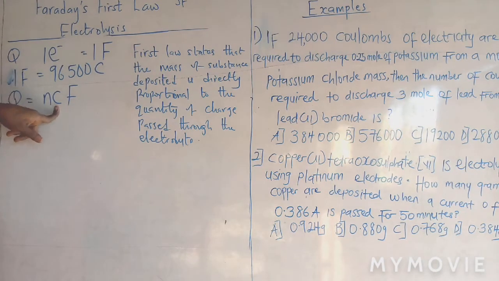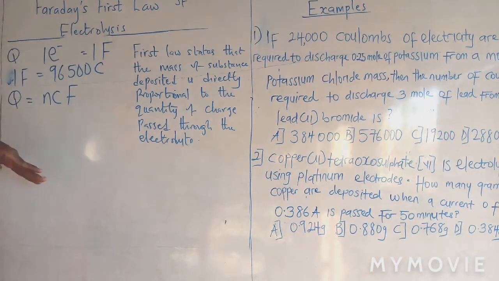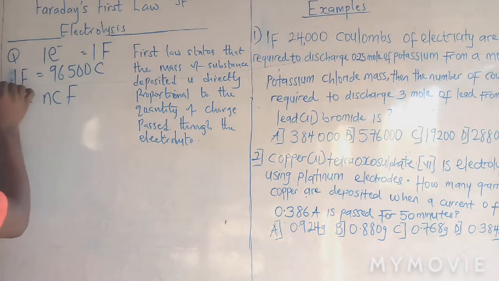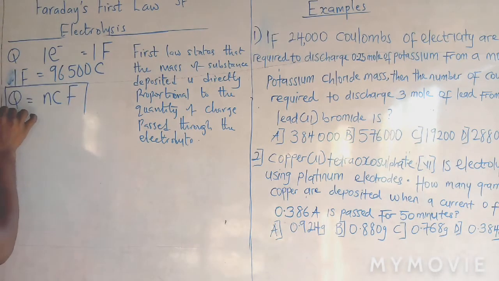C is the charge on the cation. And F is called Faraday. This formula can be used to solve a few questions, and we must take it seriously.